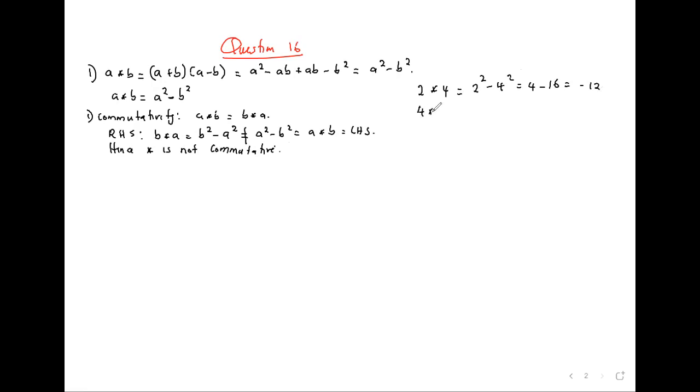If I have 4 star 2, this will be 4 squared minus 2 squared, which is 16 minus 4, which is positive 12. Positive 12 is not equal to negative 12. So there's that variation.